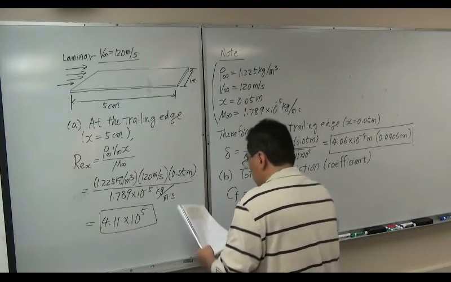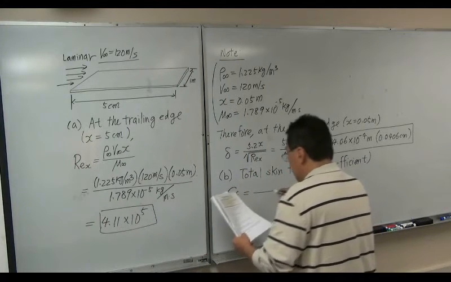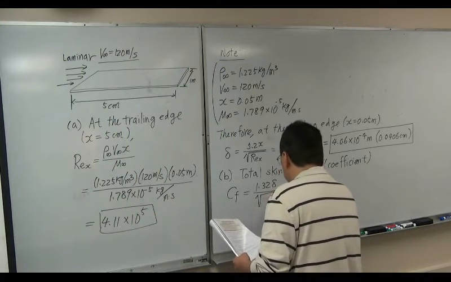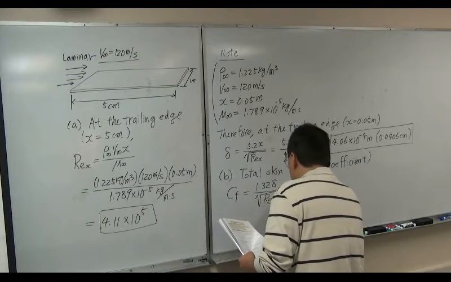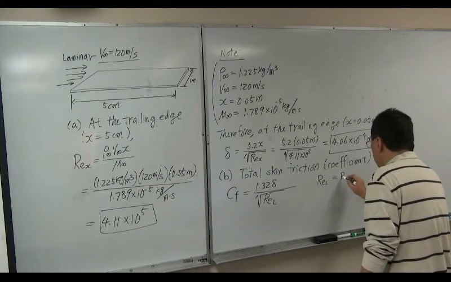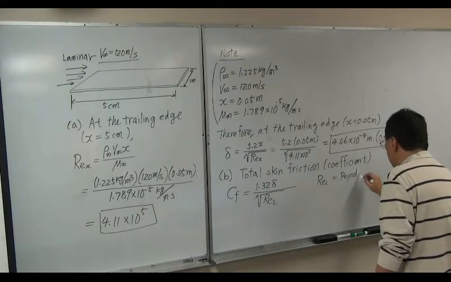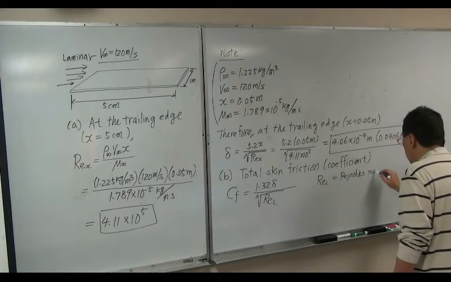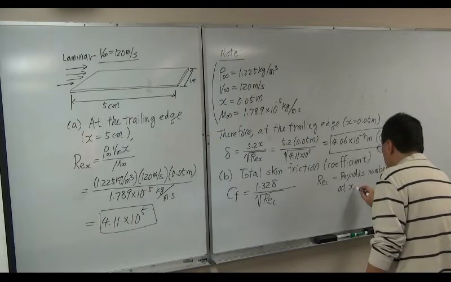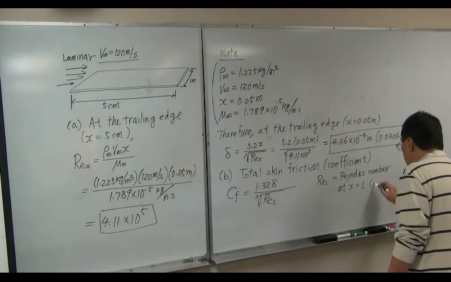CF, skin friction coefficient, is 1.328 divided by square root Reynolds number L. Now Re L is the Reynolds number at x equal to L, at the trailing edge usually.